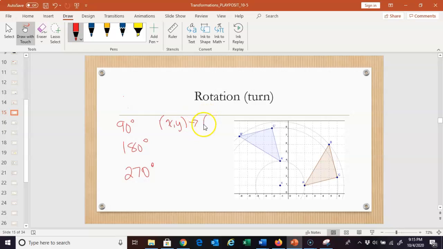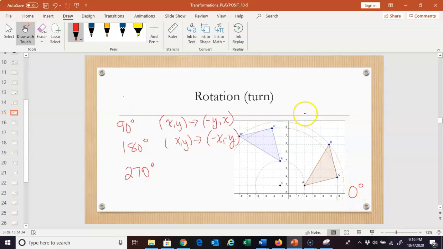You take the XY point and all you do is flip it and make the Y negative. Again, we'll look at some examples. And then for 180, we're going to take the XY point and just make them both negative. That makes sense if you think about it.